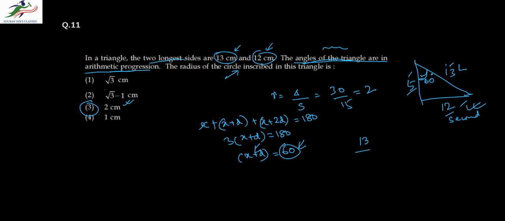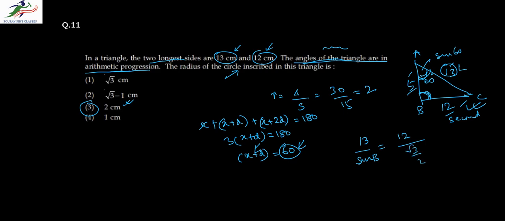So 13 by sine of this angle, let's not assume it to be 90, let's say any angle B. So 13 by sine B is equal to 12 by sine of 60 degrees. Sine 60 is root 3 by 2.